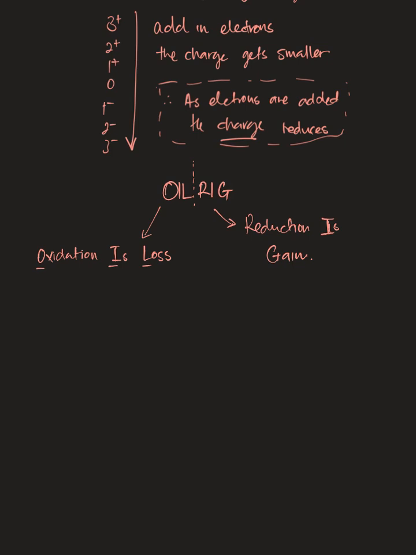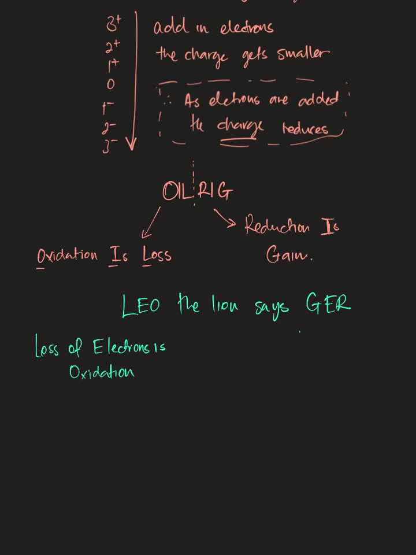Right? That's one of the ways that you can remember that. Or you can do Leo the lion says grr, and you have loss of electrons is oxidation, and you have gain of electrons is reduction.